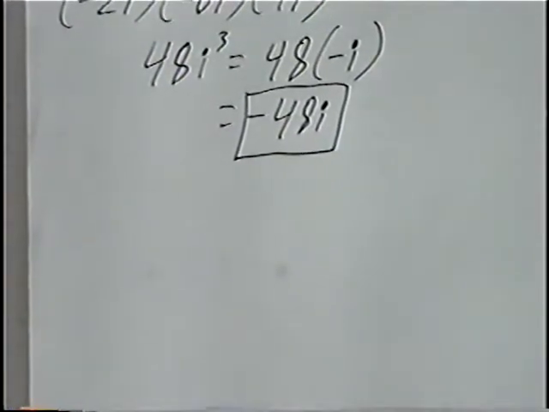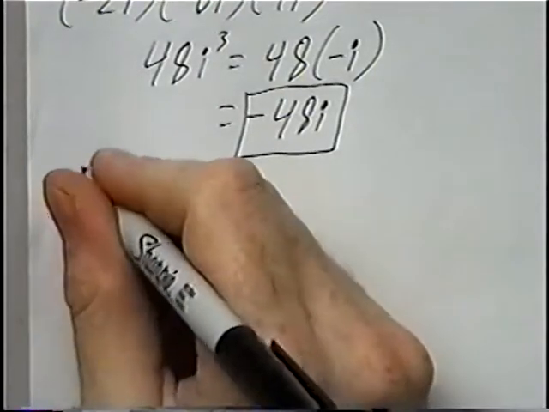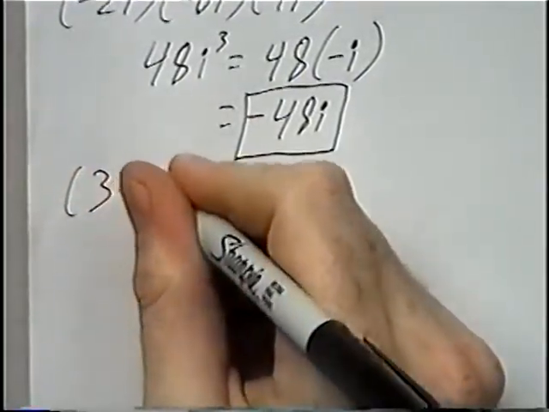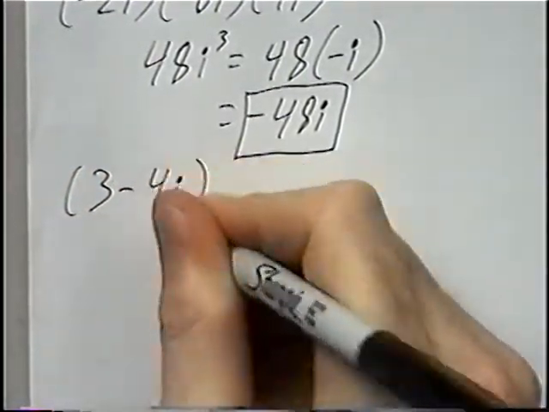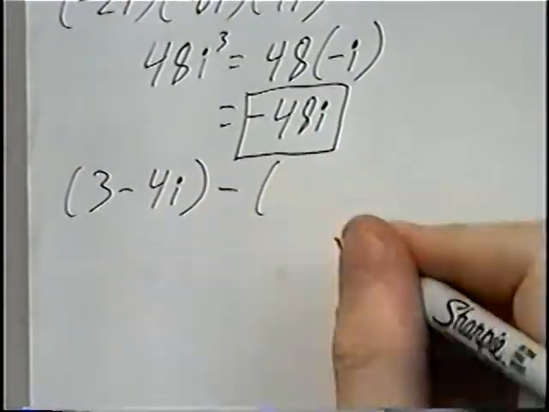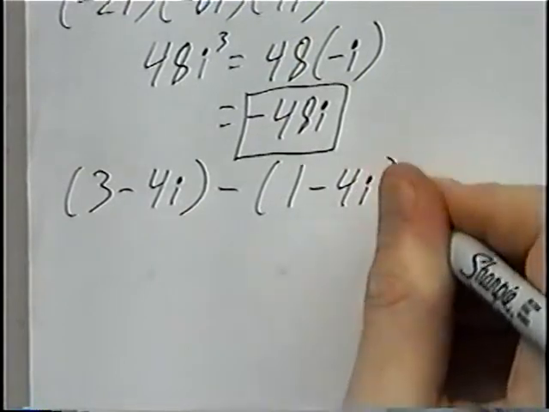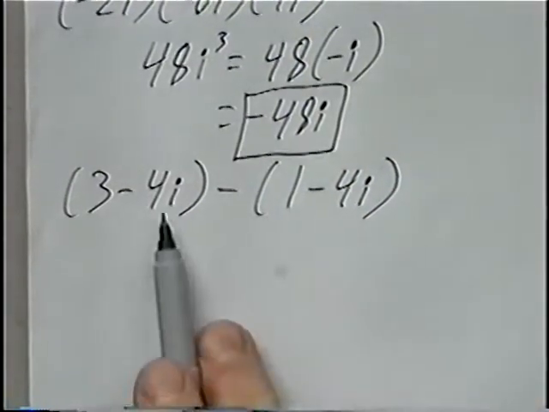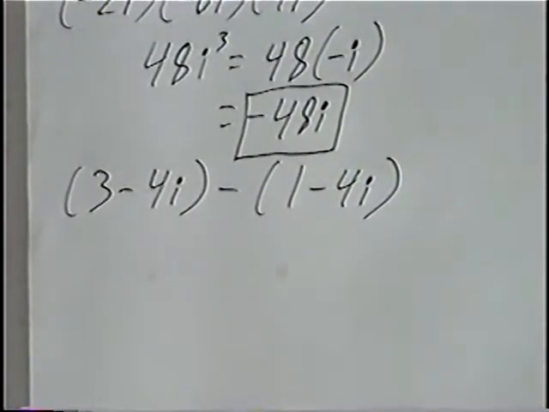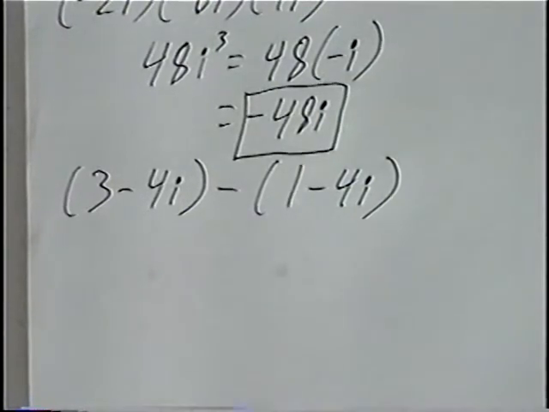Next question for this section is 3 minus 4i minus a second parentheses 1 minus 4i. Again, i's for imaginary numbers are just like variables. You can combine like terms when possible.